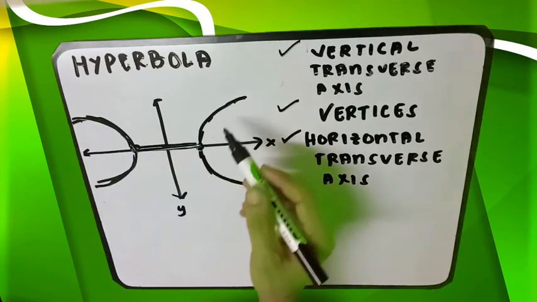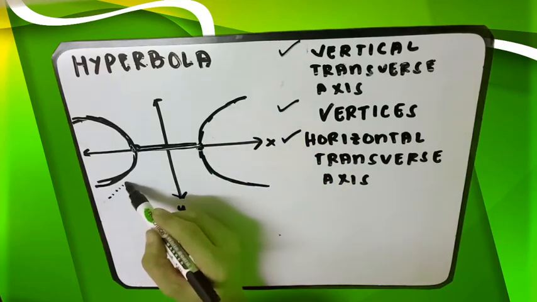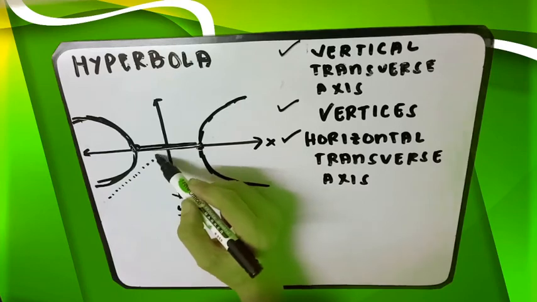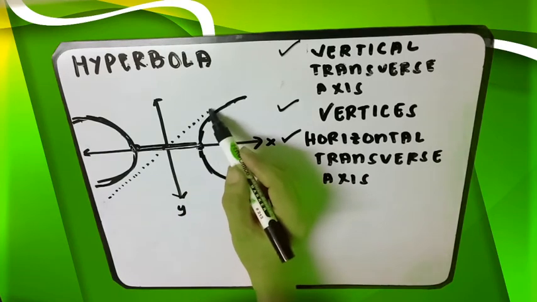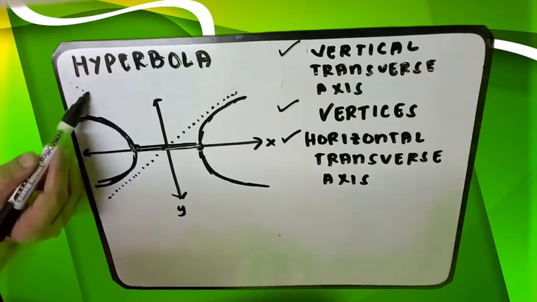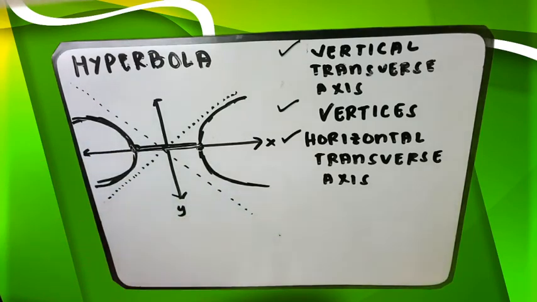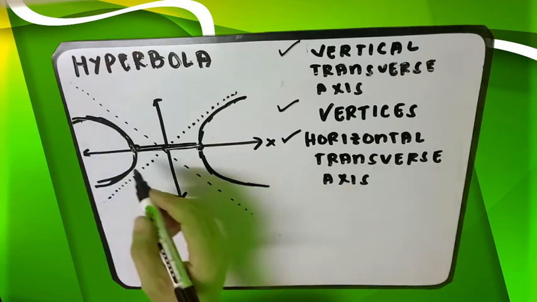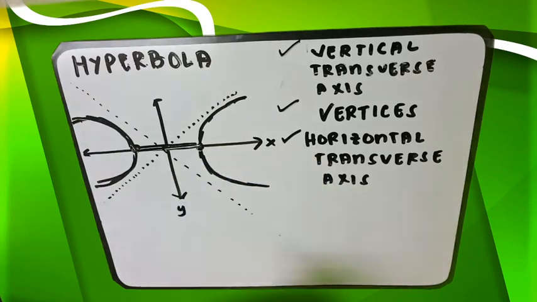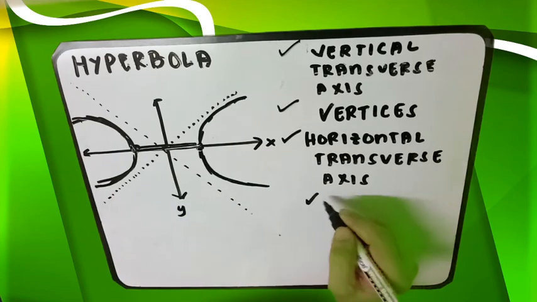So given the graph of a hyperbola, we can form a diagonal line. Pero hindi siya magi-intersect, I think, dito sa graph natin. So yung diagonal line na yan, i-discuss ko kung paano siya ma-form sa ibang video. Pero pag nakakita kayo ng diagonal line, so that is the asymptote.